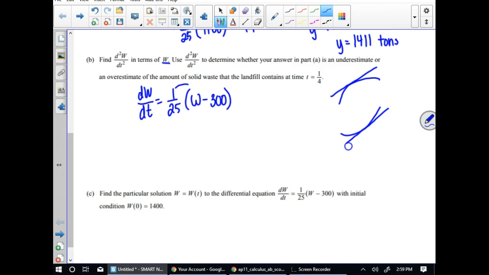You may even want to sort of distribute here before you take the derivative. That 1/25 is kind of messing me up. So 1/25 W minus 1/25 times 300. 300 divided by 25 is going to give you 12. So if we take our derivative, our second derivative here is just going to be 1/25.